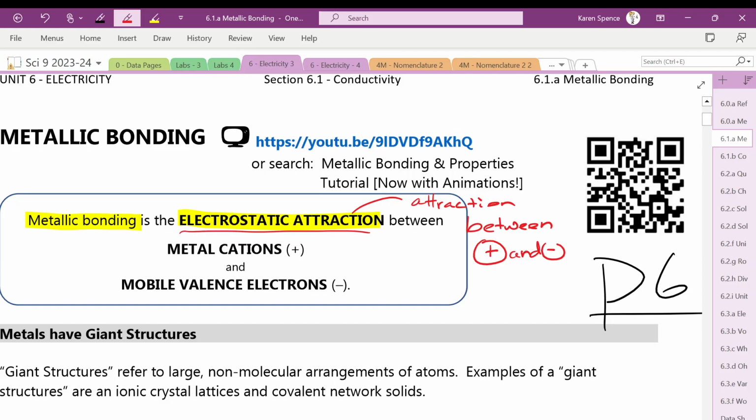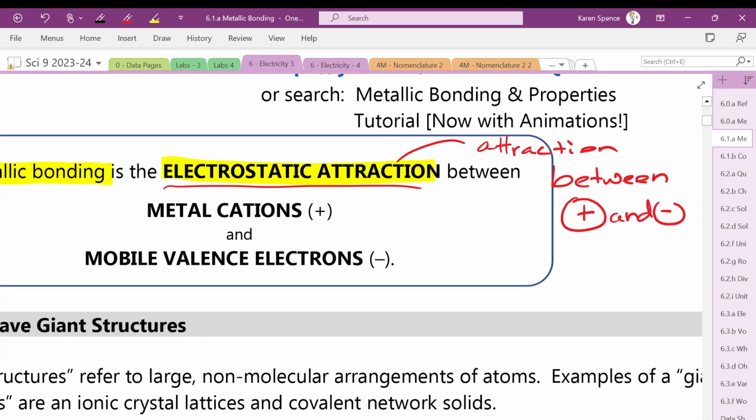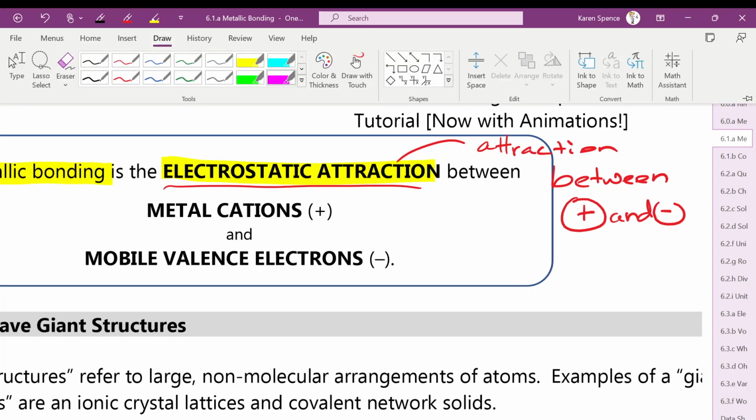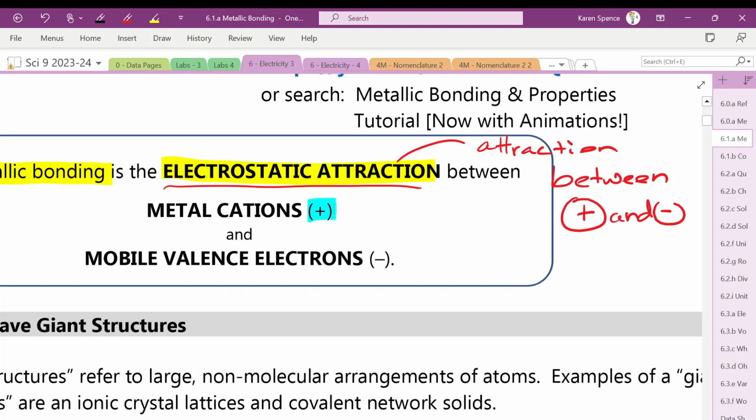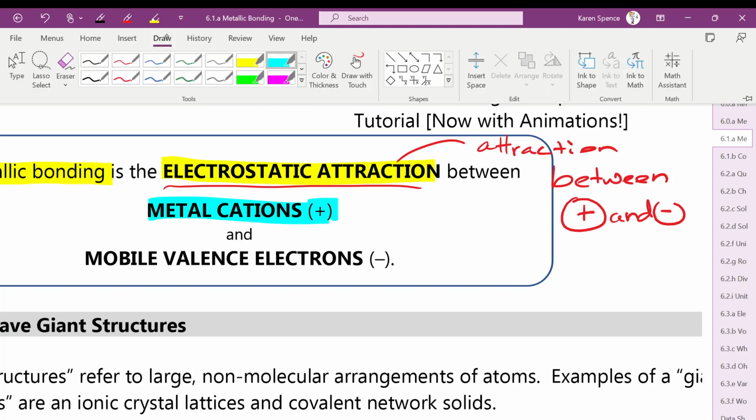In this case, the positive things are the metal cations, and the negative things are those mobile valence electrons.